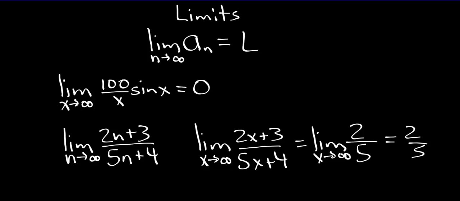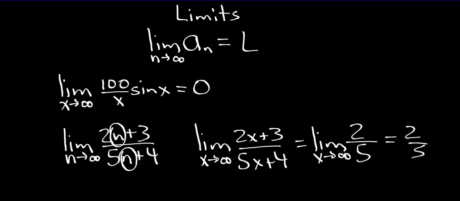So what I'm saying is, when it comes to finding the limit of these things, a lot of times you can just go back to the function and look at the function associated with it. In other words, I'm talking about replacing the n's with x's, and the domain is the real numbers.